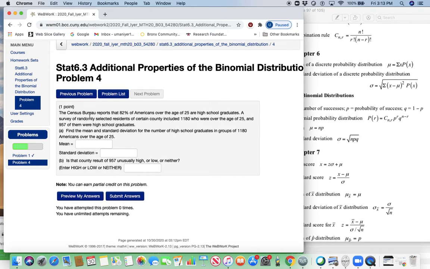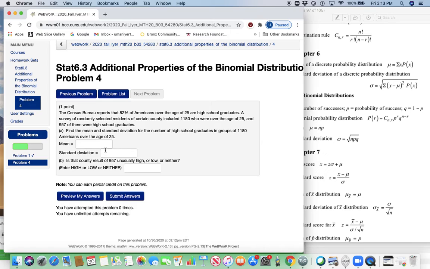So the Census Bureau reports that 82% of Americans over the age of 25 are high school graduates. A survey of randomly selected residents of a certain county included 1,180 who were over the age of 25. 957 of them were high school graduates.